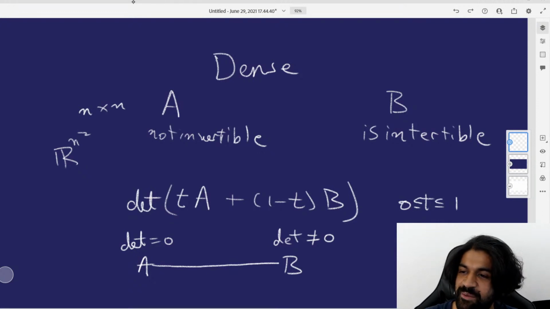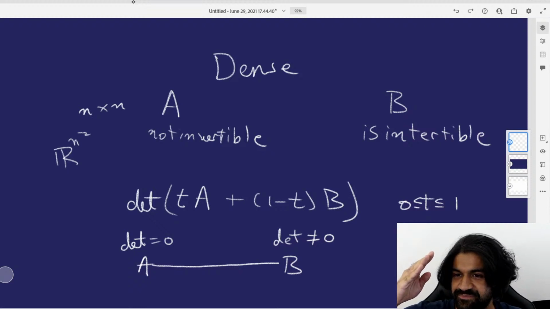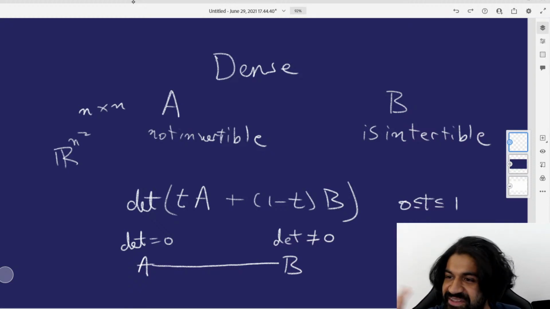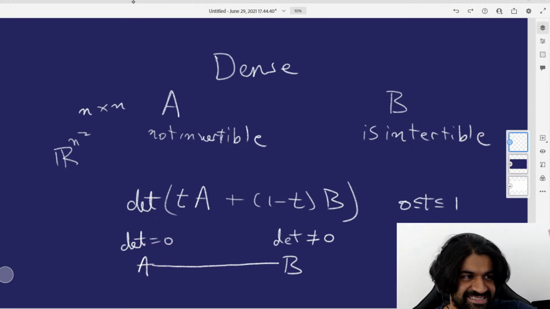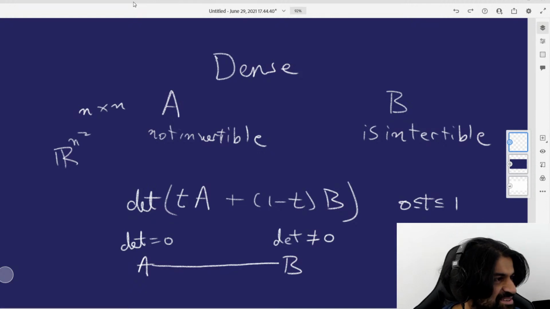So what I'm saying is that among the vectors of R4, once thought of as matrices, the invertible matrices are dense. Every matrix is arbitrarily close to an invertible one. Okay? You can just wiggle around the entries of a non-invertible matrix in the right way, and you'll get something that is invertible. Okay, Brian, I hope that answers your question.